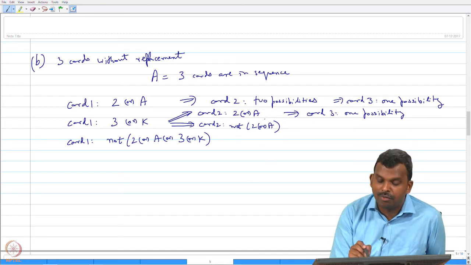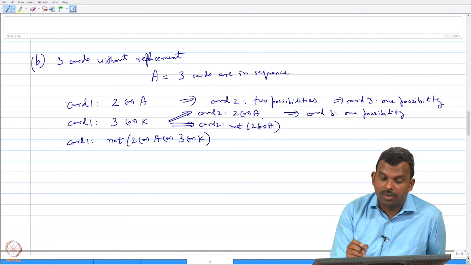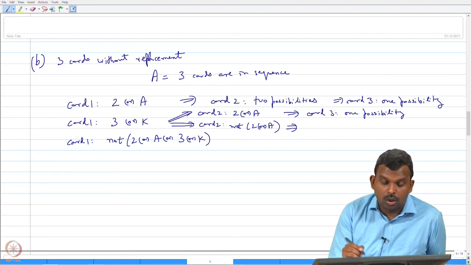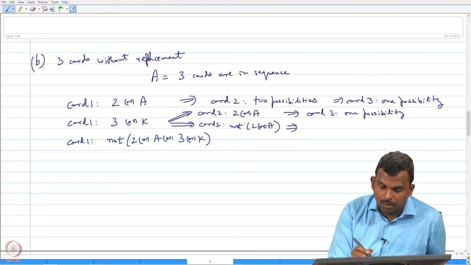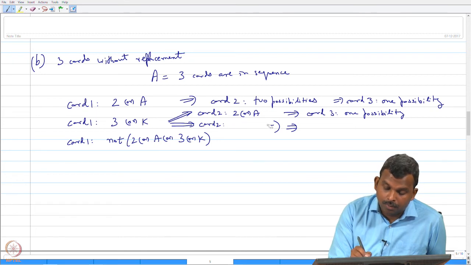I am doing it a bit roughly here, I am just sketching it out for you, but be very careful. If it is not 2 or ace, so if you had 4 or queen, for instance, I should be careful here, it is not 2 or ace, it is better to write 4 or queen.